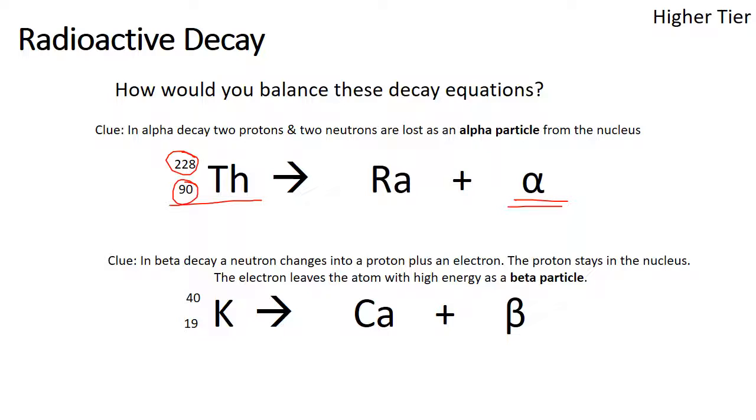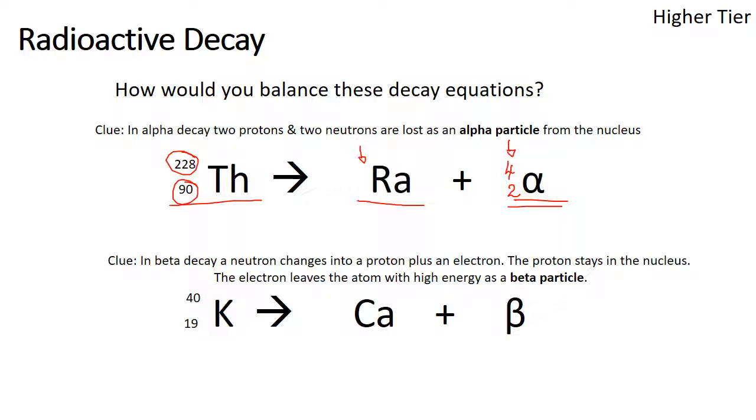Over the other side here we've got an alpha particle being released, and we've got the element that's being produced from this decay. An alpha particle, remember, has got 2 protons. So first of all, I can fill in the proton number of the alpha particle as 2, and it's got a mass number of 4 because it's got 2 protons and 2 neutrons.